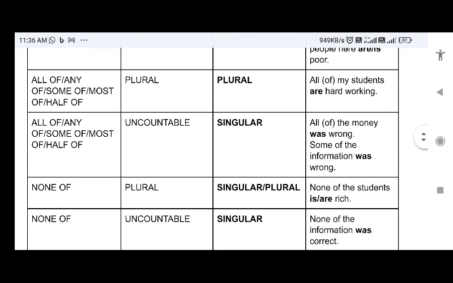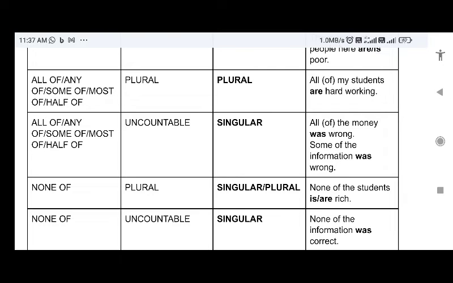Then all of, any of, some of, most of, half of, if they are joining uncountable nouns. These are very shrewd, and you have to be very careful determining the subject and the number of the verb. If subjects are conjoined with these phrases, all of, any of, some of, most of, half of, in case of plural, the verb will be plural.